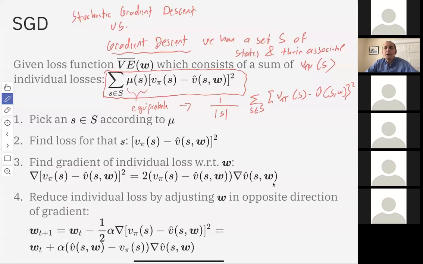Okay, so that will be our loss. So this we can say is VE of W equals that.